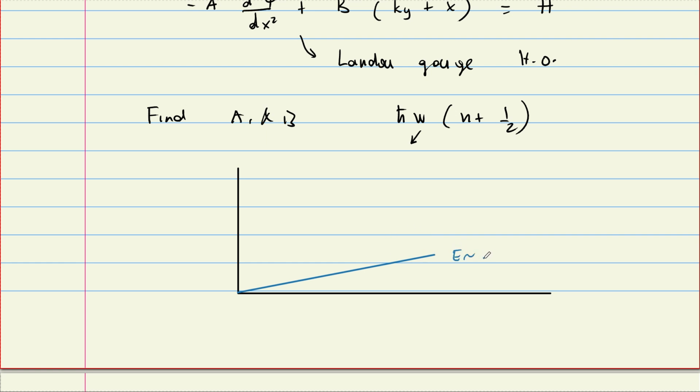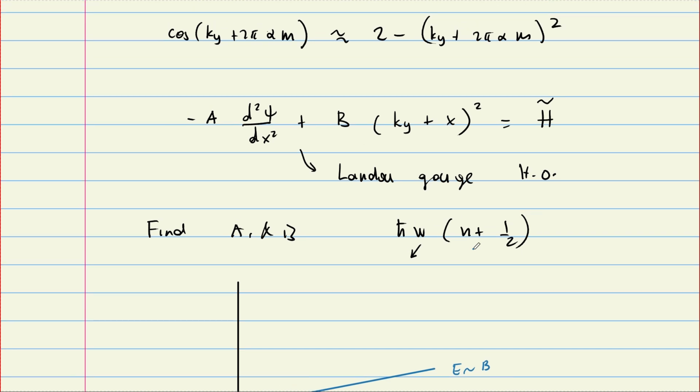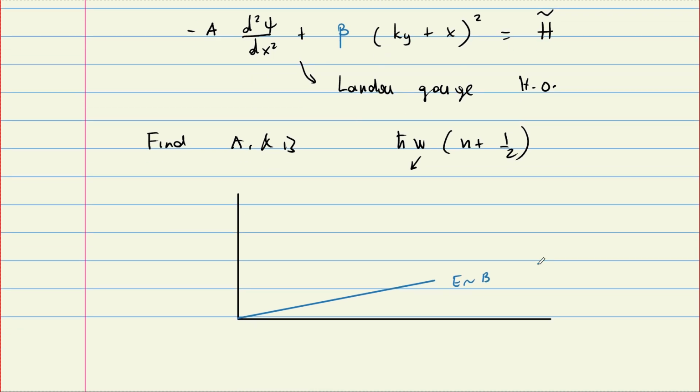E is proportional to h bar omega, and because h bar omega has B, there's flux inside. So this is going to be proportional to B. The second one is going to be proportional to 2B, the third one proportional to 3B, and so on, right? These Landau levels like that.